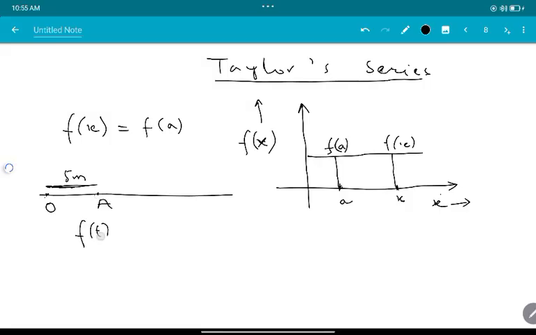Time is of course changing, but the distance is not changing. But when we let the car move, then we will have f(t) as distance, because distance is a function of time. Distance covered by the car as the car moves will change with time.